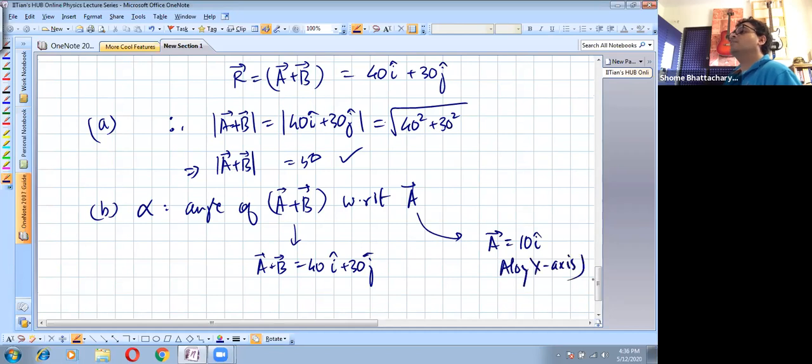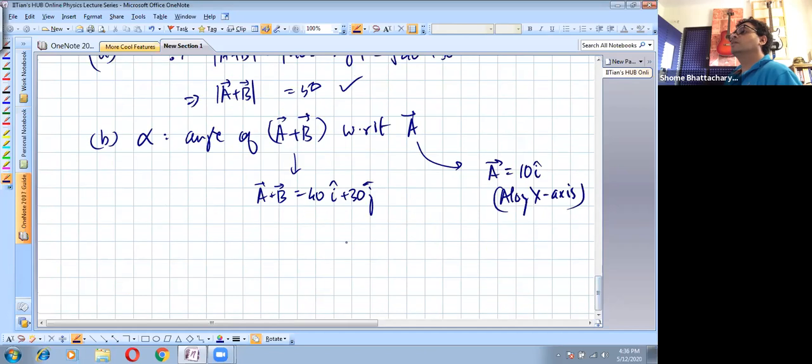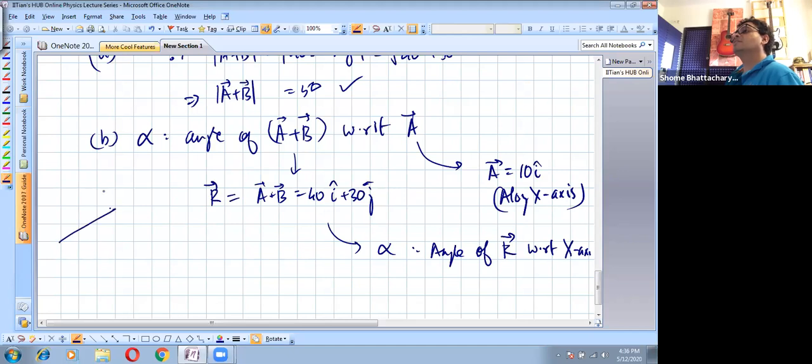So if we want the angle between these two, that angle alpha is just the angle of the resultant with respect to the x-axis. All I have to do is find its angle with respect to the x-axis, because the resultant is lying somewhere like this.